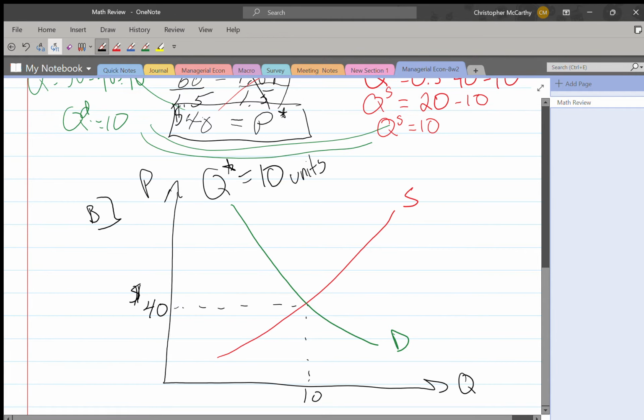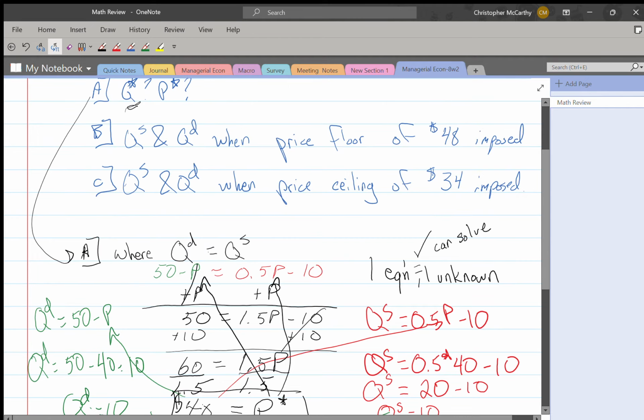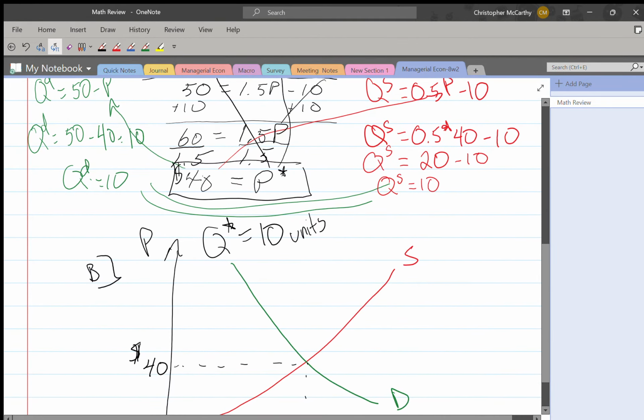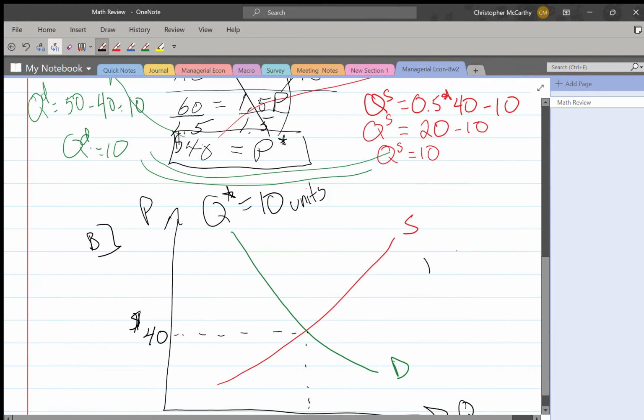And so we're told, what if there is a price floor of $48? The first thing that we have to ask ourselves whenever we're given these price floor, price ceiling questions is, is it binding? So is a floor of $48 binding? What I mean by binding is, does it actually do anything? A price floor means a price below which they cannot charge.